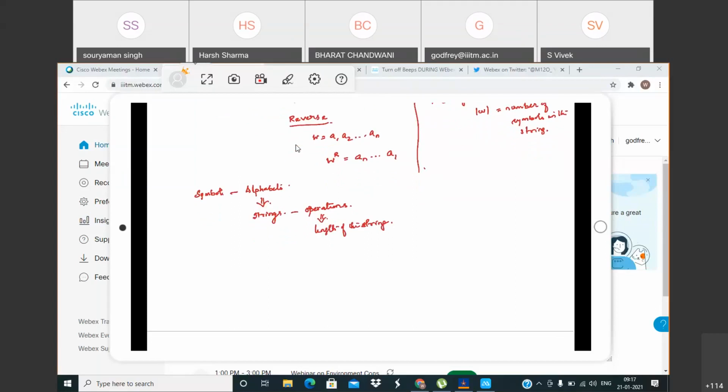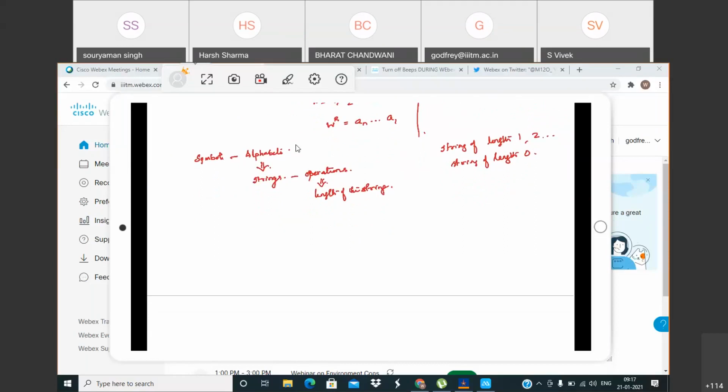Now you can have a string of length 1 or 2 or so on. You can also have a string of length 0. A string of length 0 is denoted by the symbol lambda, or in some textbooks you may have the symbol epsilon that denotes the string of length 0.